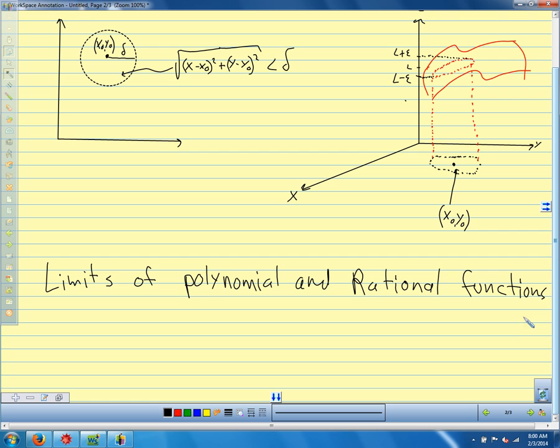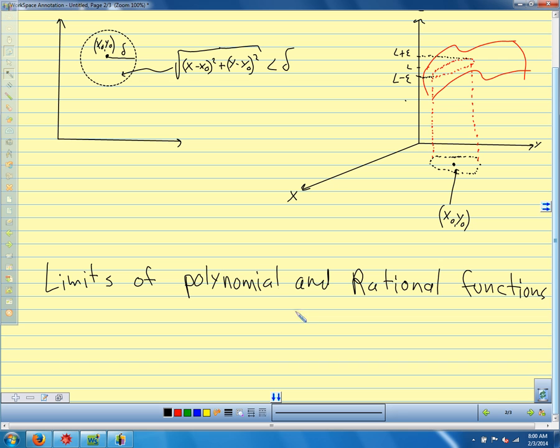With a single variable function, how could we find the limit of a well-behaved function at a particular point? Like a polynomial. Just plug in a value. So the same rules hold for multivariable functions.